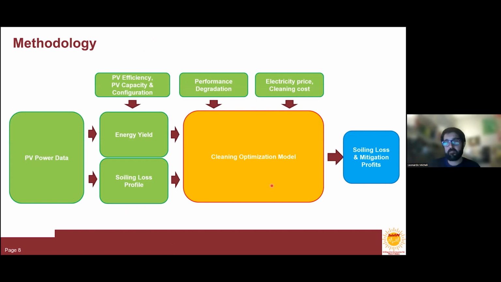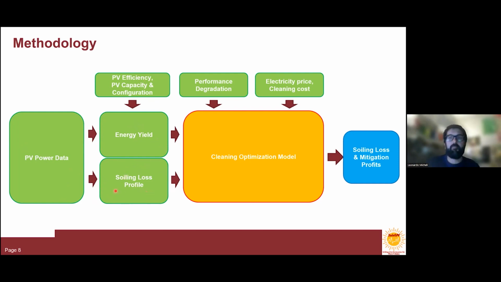How do we do that? Typically, we start from photovoltaic power data. We take the photovoltaic time series coming out of an existing power plant, and by taking into account the efficiency of the modules, the capacity of the system, and the configuration of the system, for example the tilt and azimuth angles, we are able to split the lossless energy yield from the actual soiling loss profile.